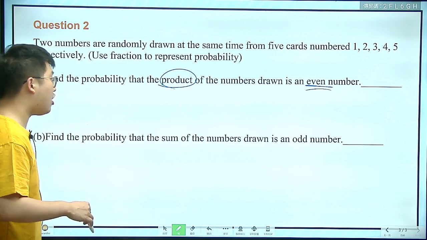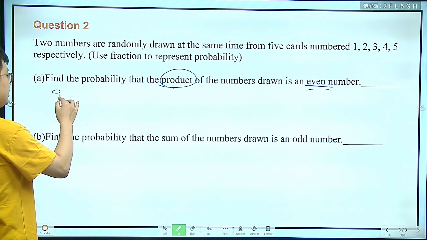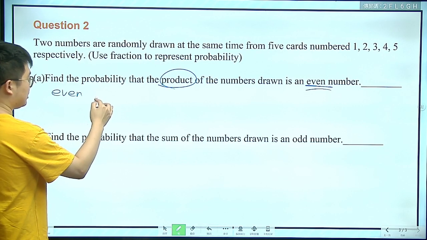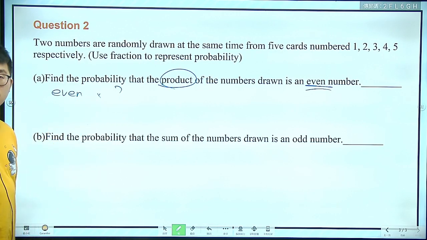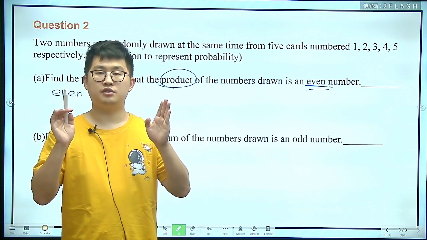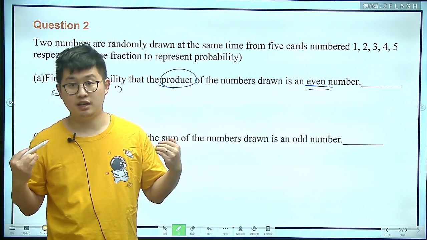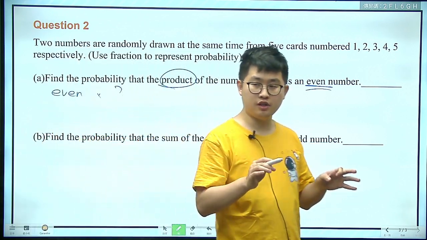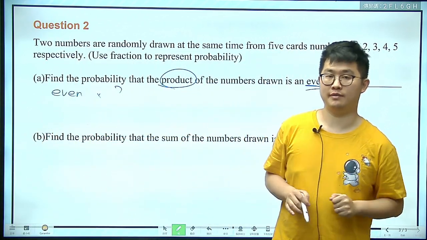Now, if our first pick is an even number, then the second one doesn't matter, because an even number times an even number is an even number. And an even number times an odd number is still even.